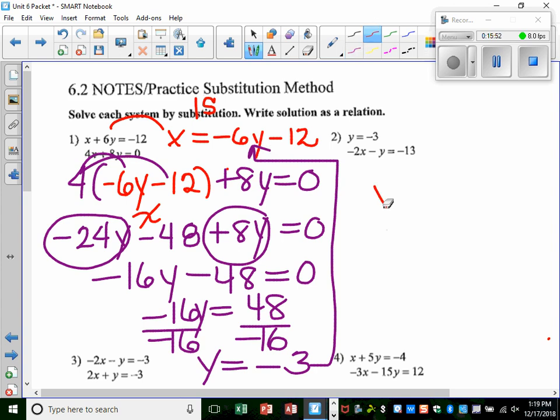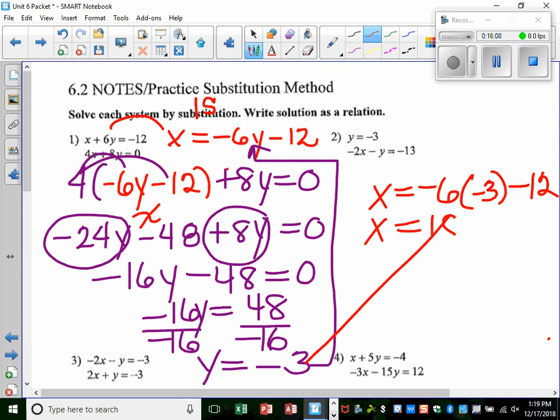So I'm going to say x equals negative 6. There's my y that I just found from step 3. And now negative 6 times a negative 3 is a positive what? 18. And what's 18 minus 12? 6.